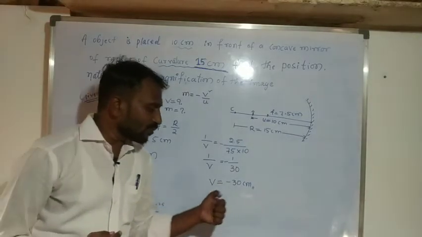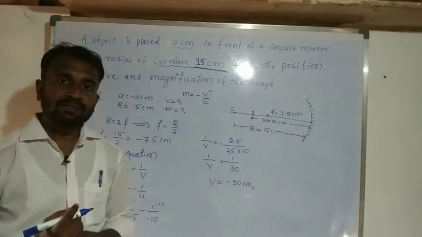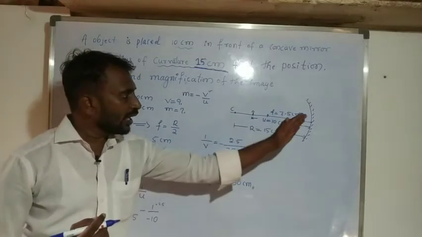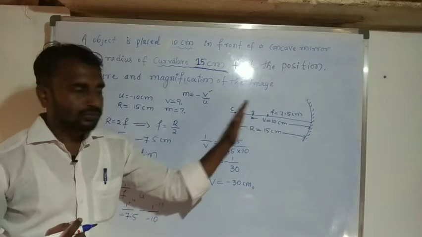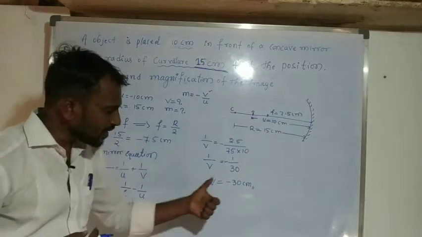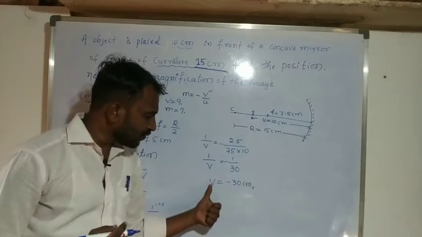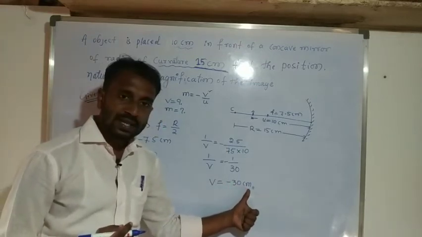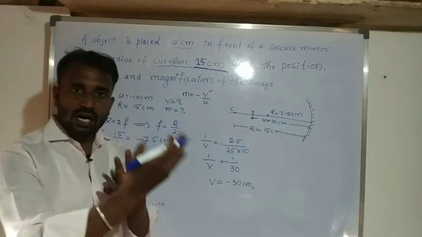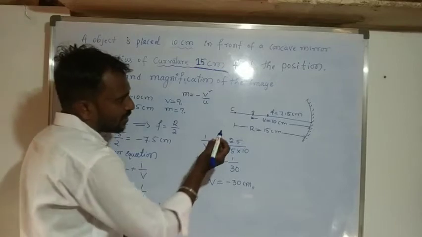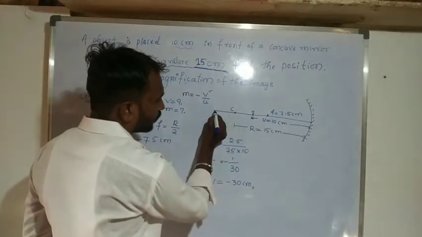So this minus indicates that the image is formed in front of the mirror. So here we get v is equal to minus 30 centimeter. This is opposite to the incident ray.